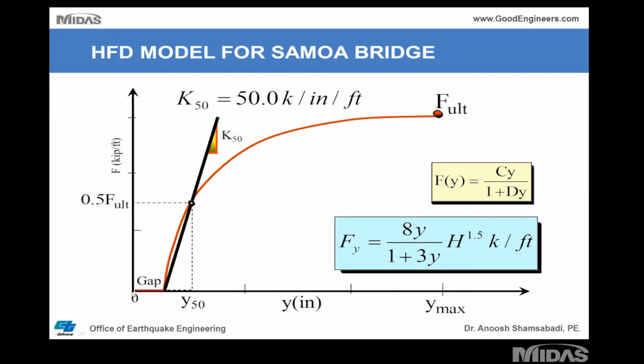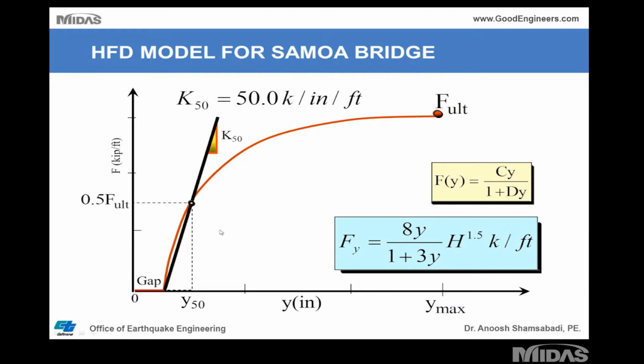But of course, many abutments also have a gap. Now, here is a trick. In the finite element model, you can either use a gap element and then put the nonlinear springs, or make the gap part of your backbone curve. Another way: your abutment spring would be flat, and then it goes nonlinear.